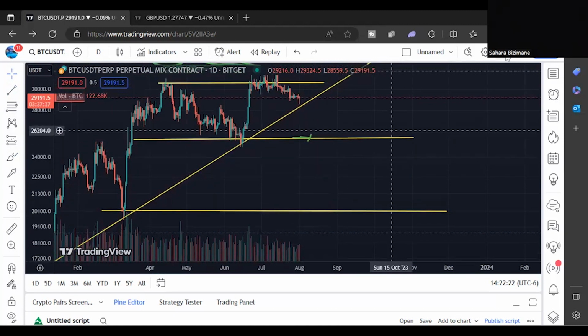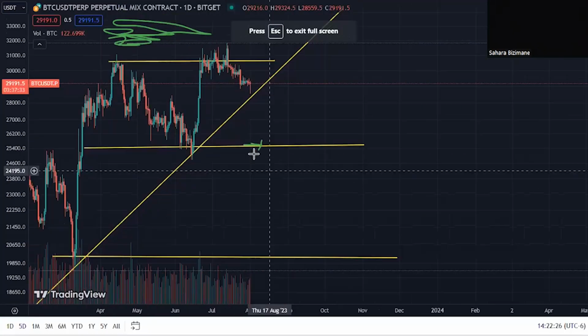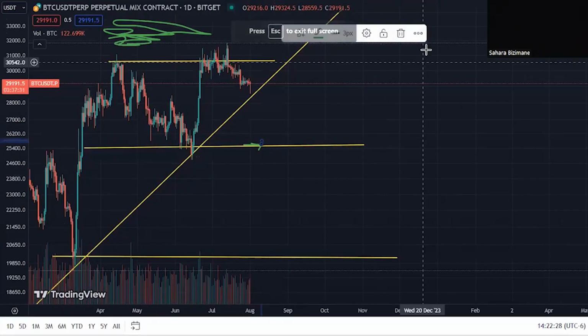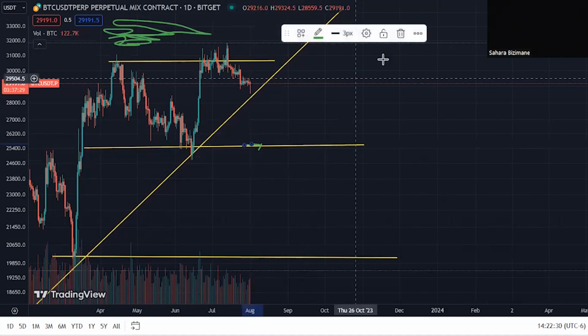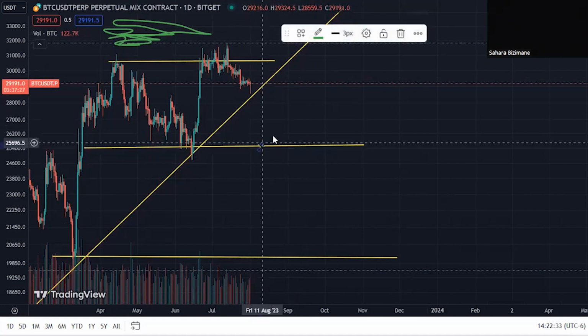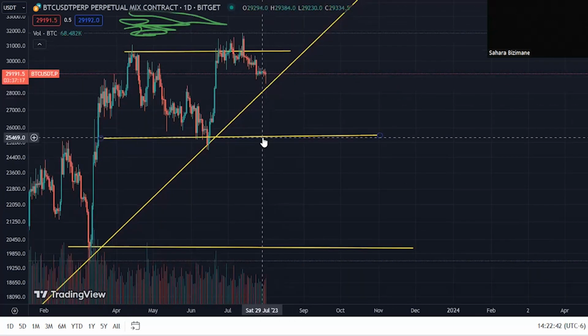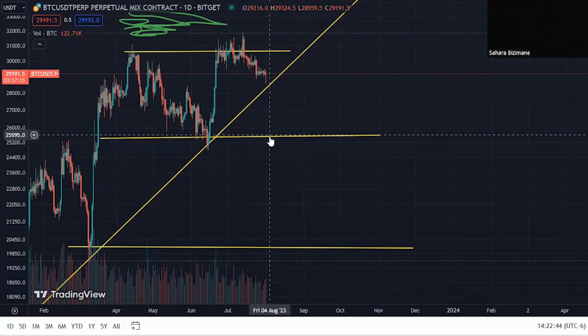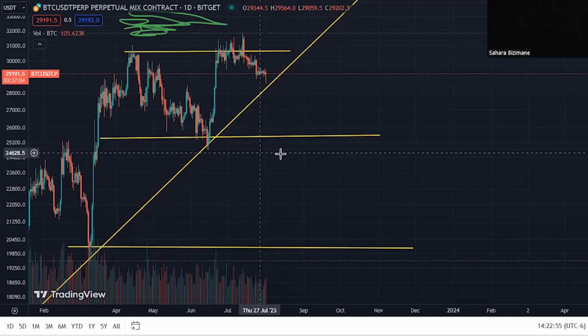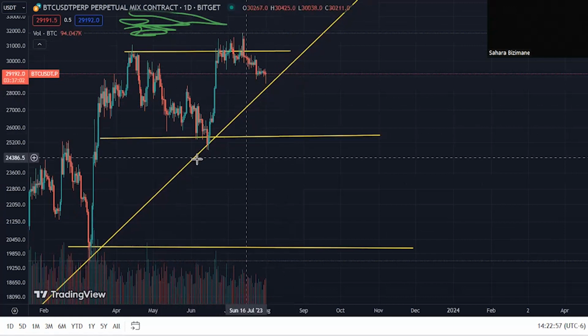And one indication to look for, to know whether the price is going to break this neckline or not, is to see what kind of candlesticks are getting formed when the price comes to this neckline. When the price comes to the neckline here, and you start seeing bullish candlesticks around here, that is already one sign that shows there's a high chance the price is most likely not going to break this neckline.